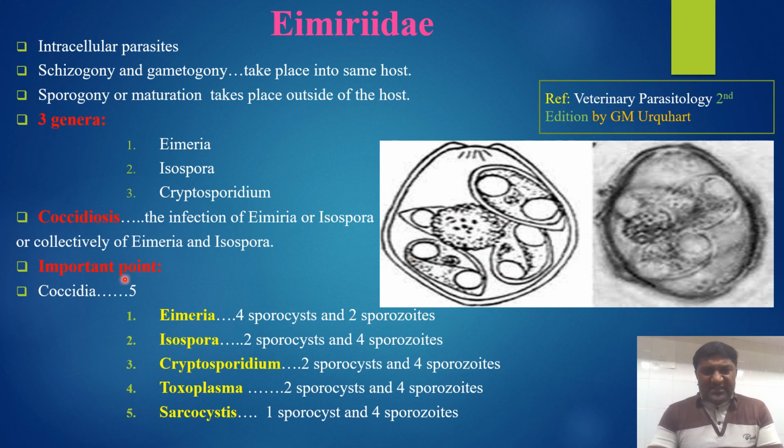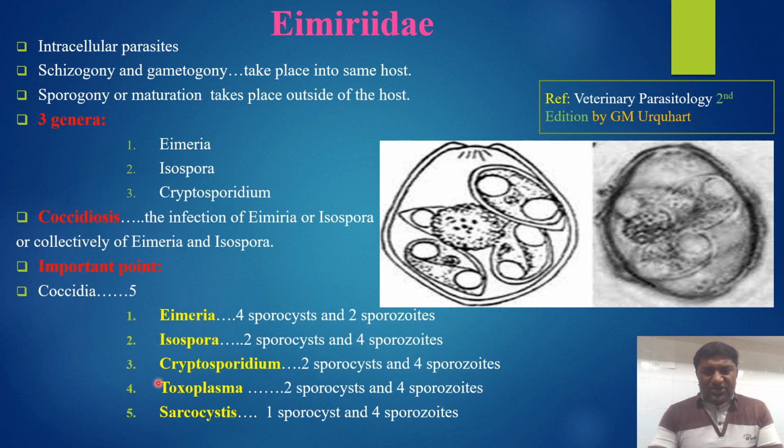The important point: coccidia have the following five genera, and you can differentiate between these five genera on the basis of oocyst structure. Eimeria has four sporocysts and two sporozoites. Isospora has two sporocysts and four sporozoites, while Cryptosporidium has no sporocysts and four sporozoites, while Toxoplasma has two sporocysts and four sporozoites.